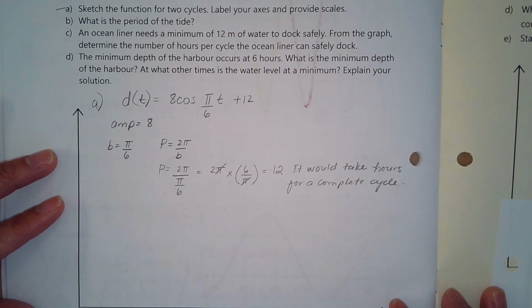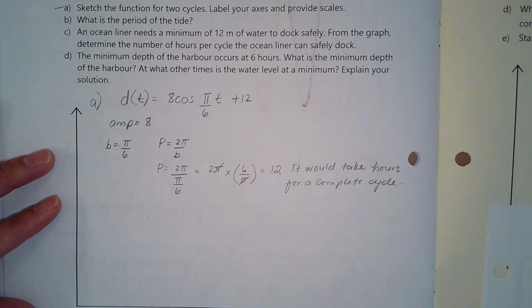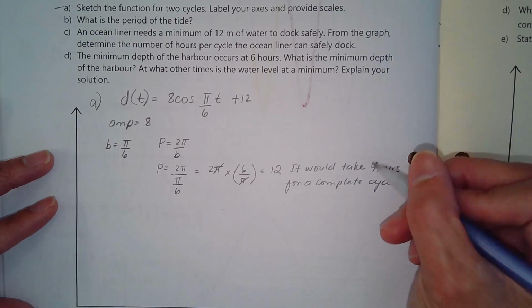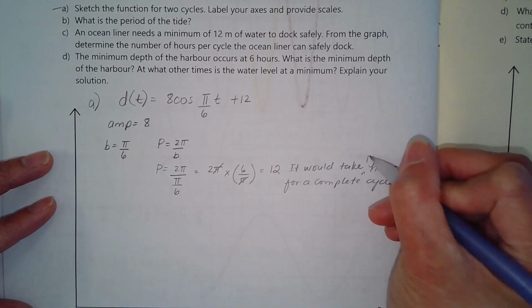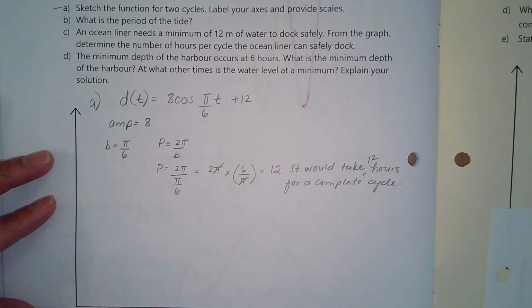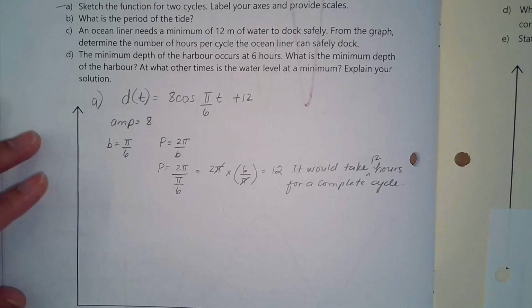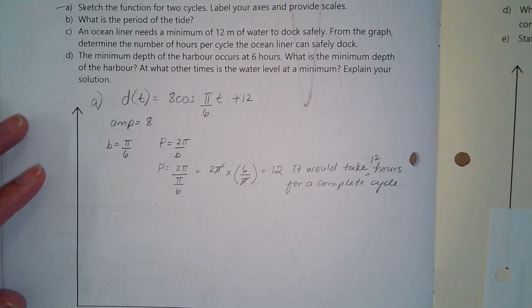That's what it means. I should put 12 here. 12 hours for a complete cycle. Okay. Cycle of the tide, right? High tide, low tide, and all that.